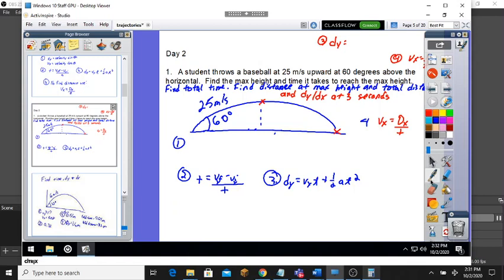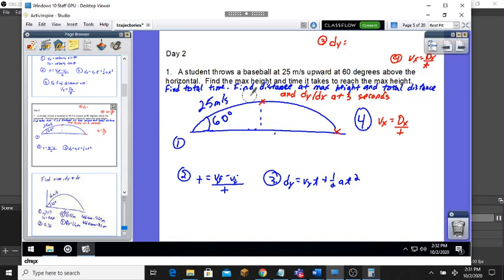And you're going to have to pause the video here so you can copy these down, as we're going to just move into this. So we know that a student is throwing a baseball. We know how fast it's going and the angle. So let's plug in our formulas and let's go from there.